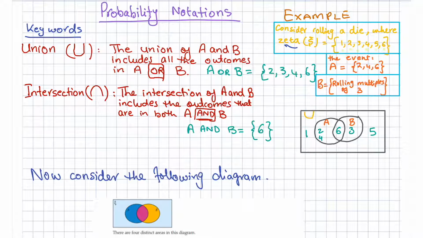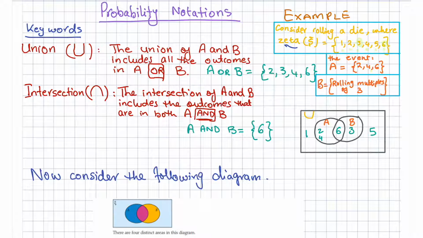Now, if we think of the event A as rolling a 2, 4, and 6, and the event B is rolling multiples of 3. Now, in this case, as you can see in the sample space, there are only two multiples of 3: 3 and 6.